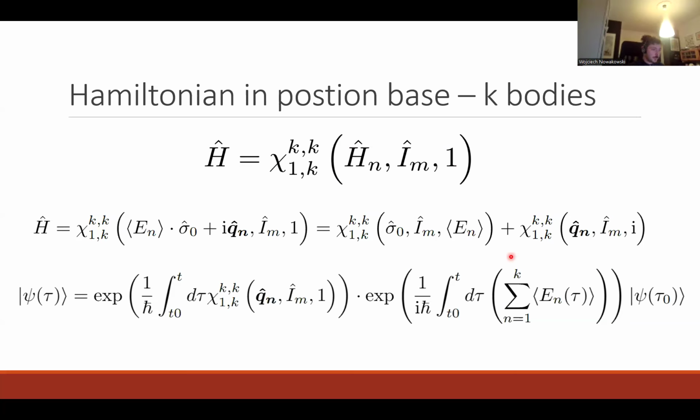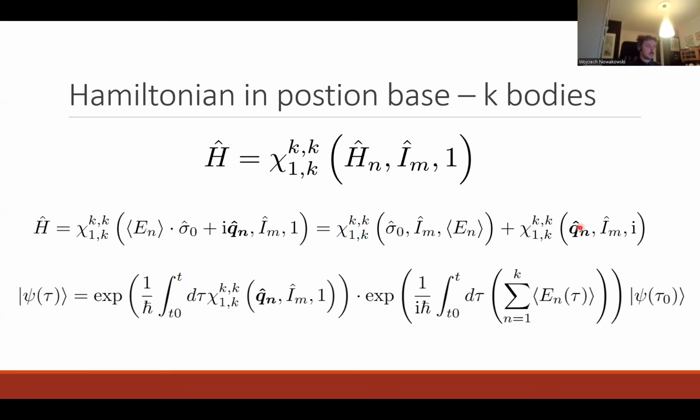And due to the fact that summing and Kronecker multiplication are commutative, we can put the summation outside of the Kronecker double sum, and we obtain a term like this.